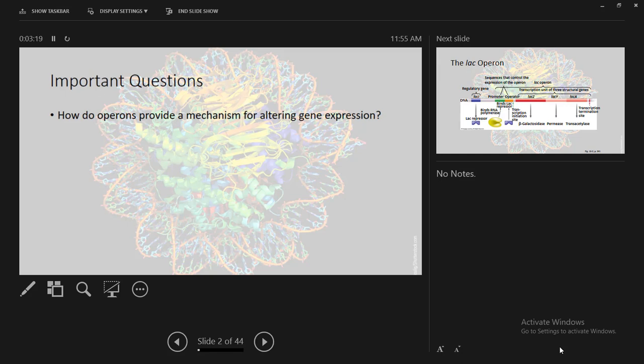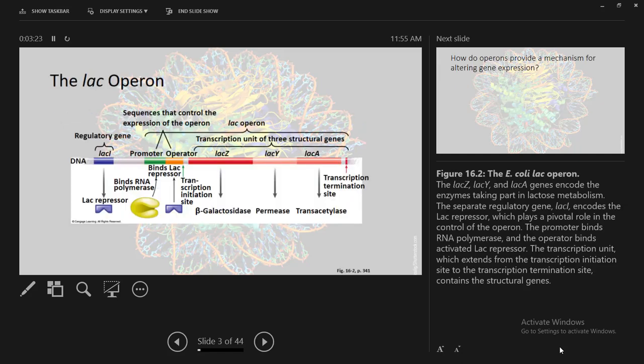So how do operons provide a mechanism for altering gene expression? Here is the most well-known of all of our operons. When you look at this, what do you see? We've got polymerase, and it's RNA polymerase specifically, so we're talking about transcription, meaning now we're talking about a gene.